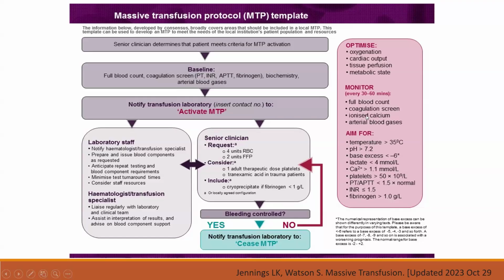Resuscitation endpoints for massive transfusion are: core body temperature greater than 35 degrees Celsius, pH of 7.35 to 7.45, lactate less than 4 millimole per liter, ionized calcium greater than 1.1 millimole per liter, platelets greater than 50,000 per microliter, INR less than 1.5, and fibrinogen greater than 1 gram per dL.